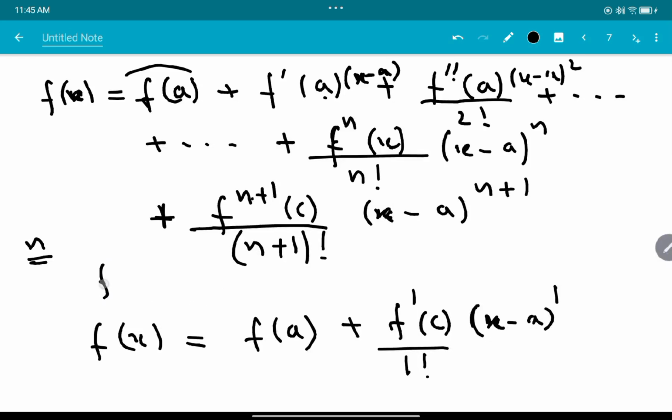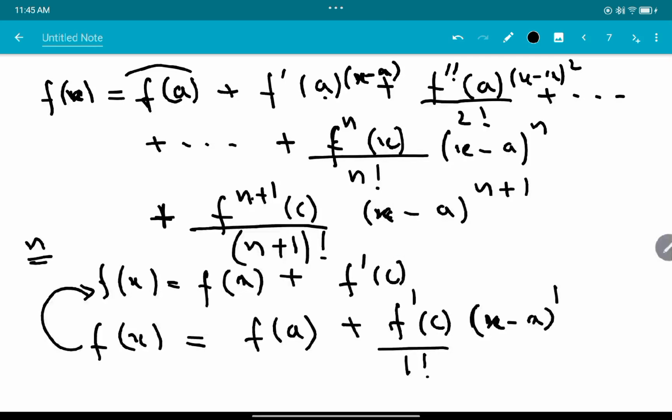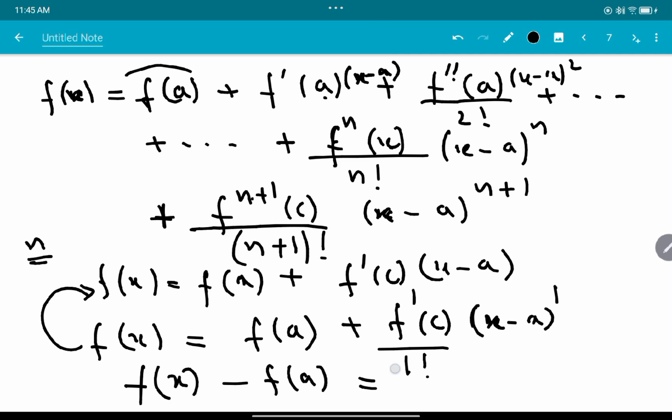So if we now write it again in this form, we have f(x) equal to f(a) plus f dash c, the first order derivative, times (x minus a). Now I transpose this to this side, I get f(x) minus f(a) is equal to f dash c times (x minus a).